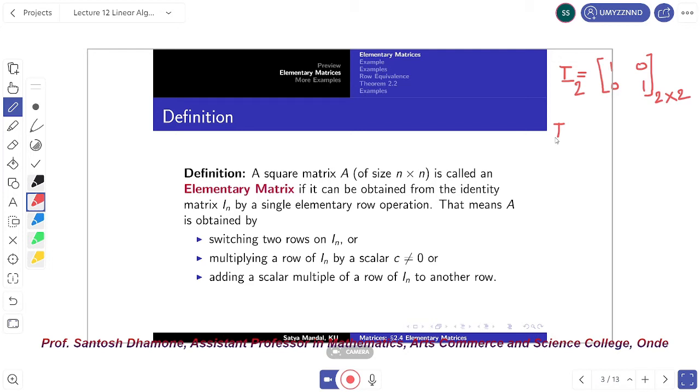Similarly, the identity matrix I4 is [1 0 0 0; 0 1 0 0; 0 0 1 0; 0 0 0 1].